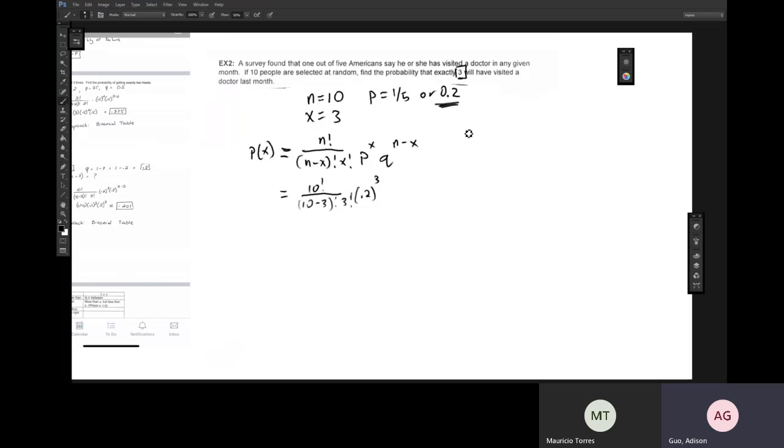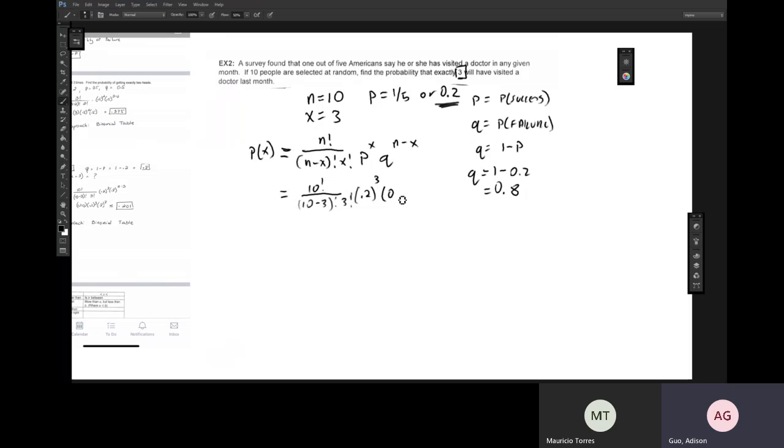I should have mentioned this, but Q is the probability of failure. While P is the probability of success, Q is the probability of failure. To get Q, all you have to do is 1 minus P. So 1 minus 0.2 is equal to 0.8.